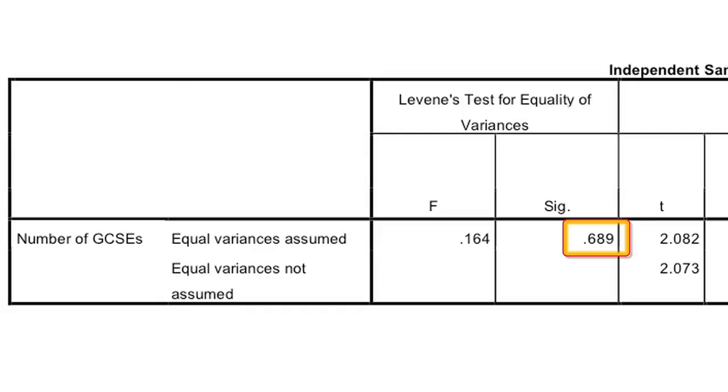But 0.69, as you probably hope you know now, is way beyond the alpha value 0.05, and therefore there is no reason to reject the null hypothesis. Now remember, the null hypothesis here is that there is no difference in the variances. So there's no evidence to reject that, and we can correctly assume equal variances. So no significance in the Levene test, assume equal variances.